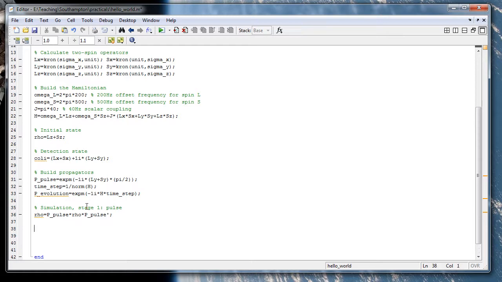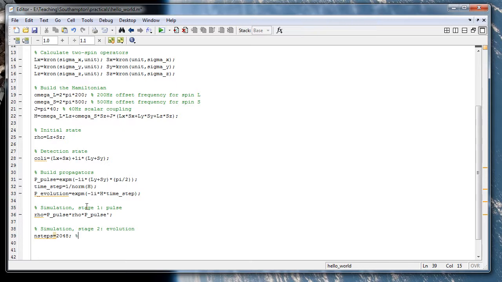Now, what we have to do then is simulation, stage 2, evolution. So we have to take several steps, so n steps will be, let's say, 2048 to keep to the powers of 2.